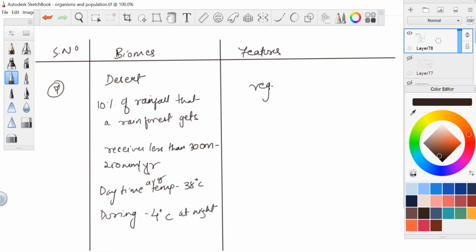Here in vegetation, you will see cacti, small grasses or bushes, short grasses.